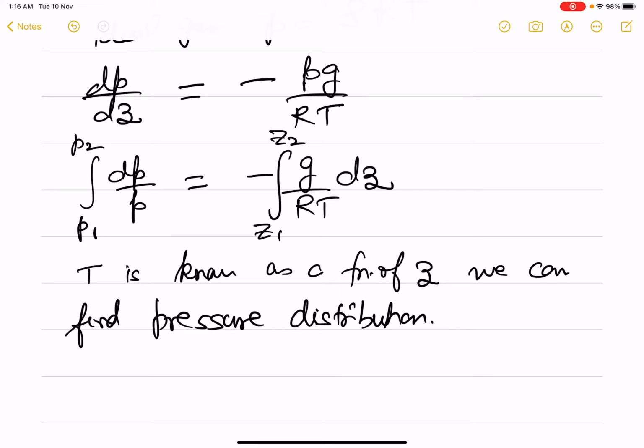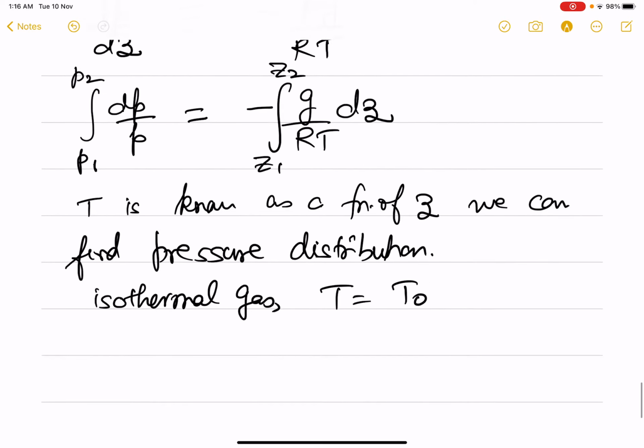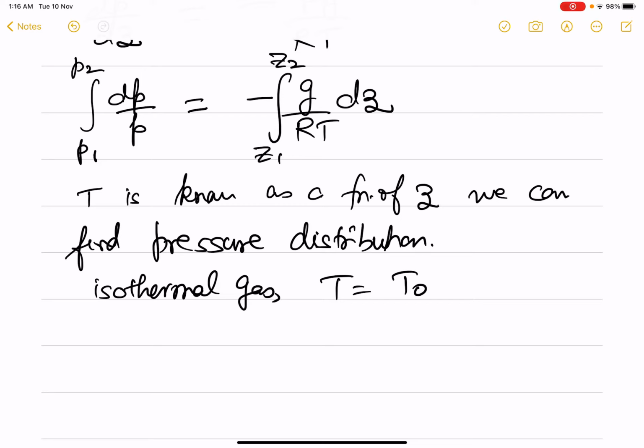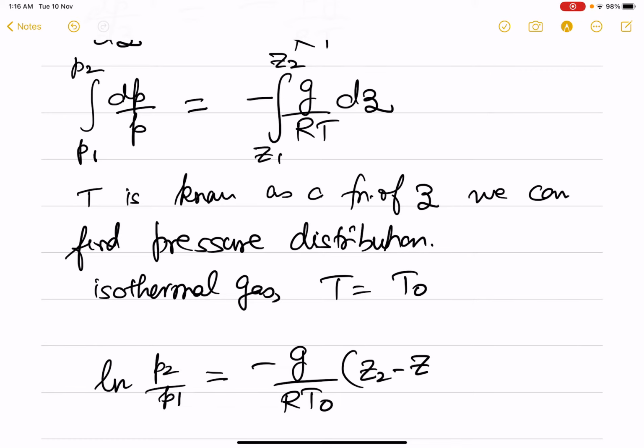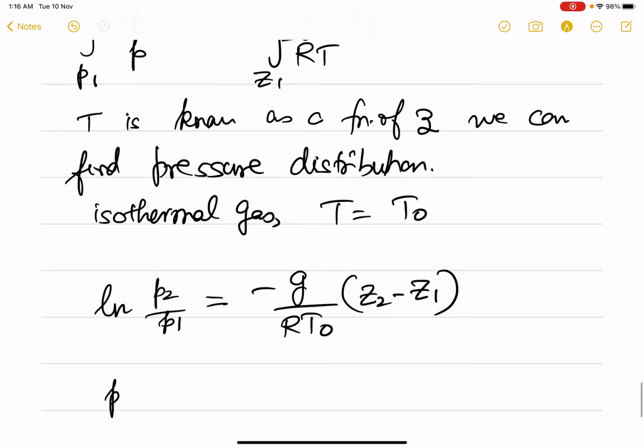Now a special case could be if we have an isothermal gas, so the temperature T is equal to T0, and here we will get log of P2 upon P1 is equal to minus g upon RT0 times z2 minus z1, and we can get the expression for P2.